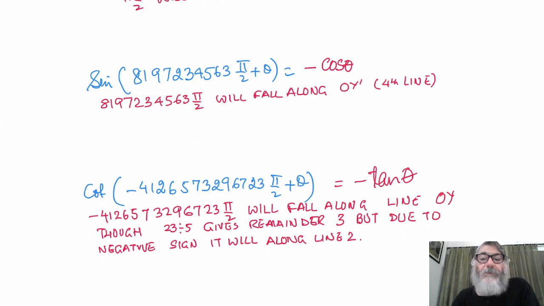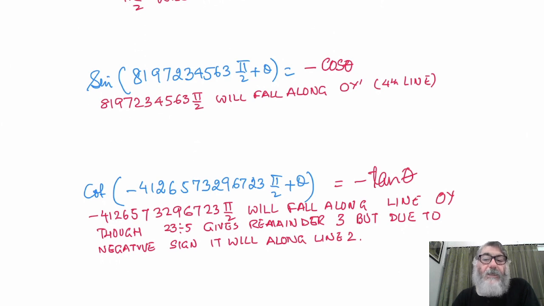In normal circumstances, with odd multiples of pi by 2, when we divide the coefficient by 4 and get remainder 1, that multiple of pi by 2 will fall along line OY, and if the remainder is 3, then it will fall along OY dash.